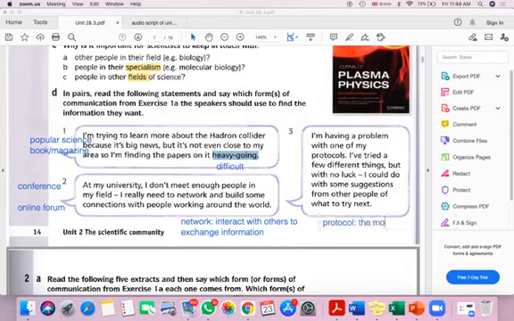So it's the method or the theory that is followed in a scientific experiment.